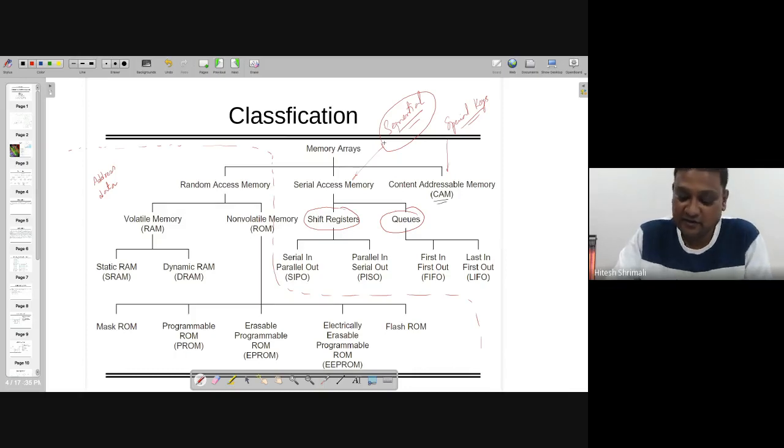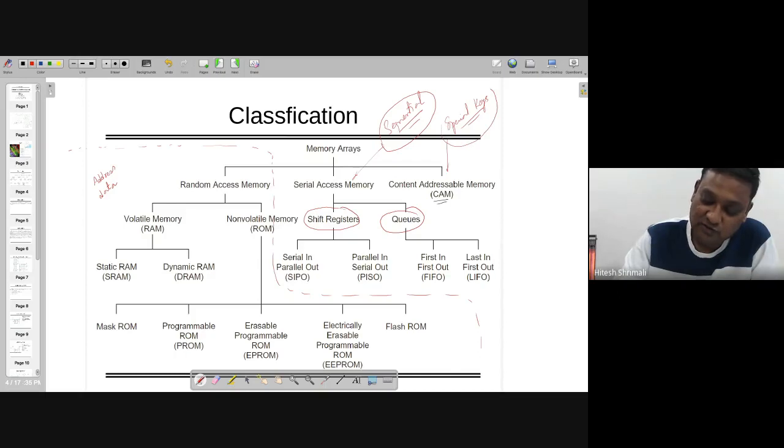And CAM is the content accessible memory, which is also one of the useful memories being used. But our main focus will be on this side, which is random access memory, where you might have volatile and non-volatile memories. Non-volatile memories, we are going to refer to as NVM from today.